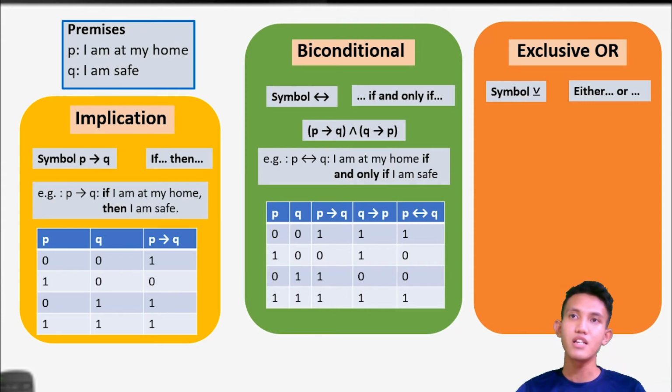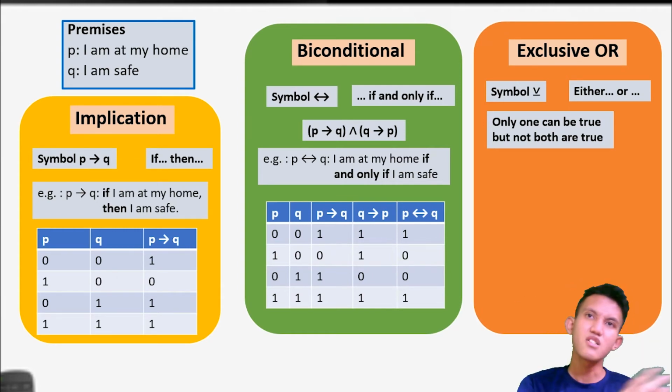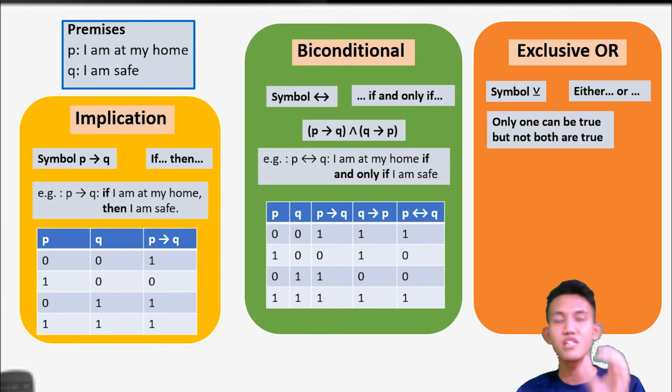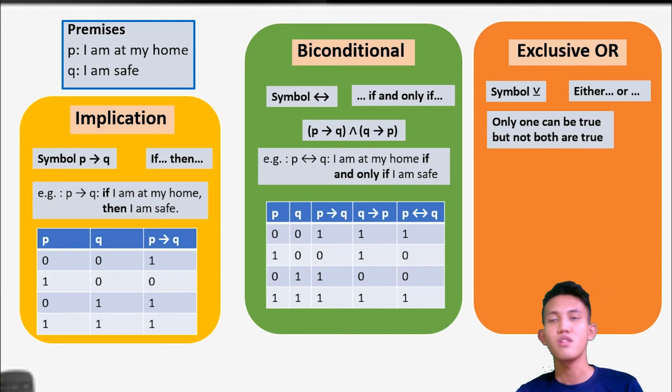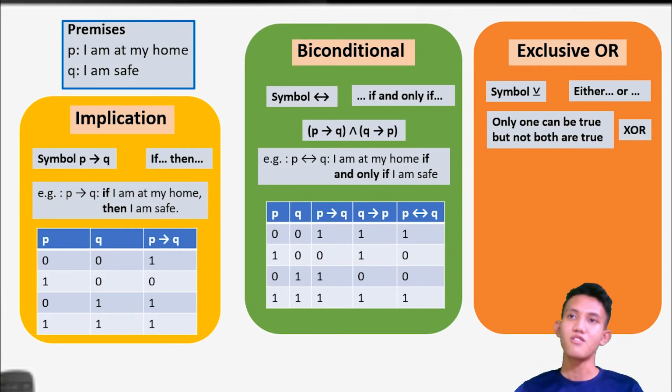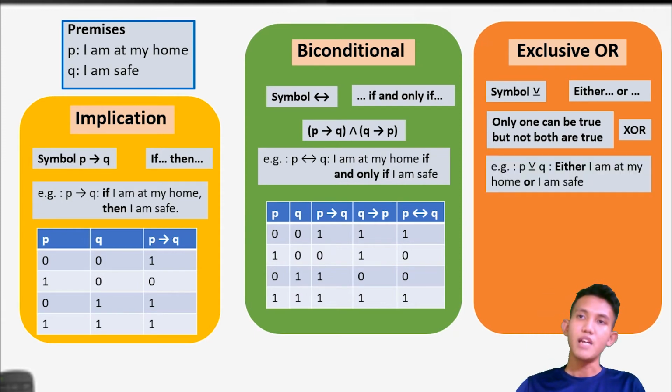Only one can be true, but not both, which is the contrast with biconditional. Biconditional is true when both are the same, but exclusive OR is true when only one is true and the other is false. So it is XOR. The example is, either I am at my home or I am safe.